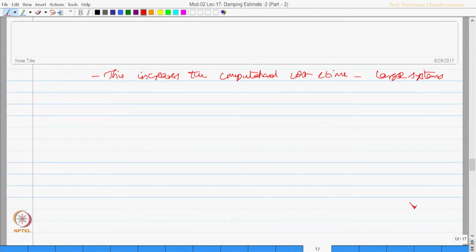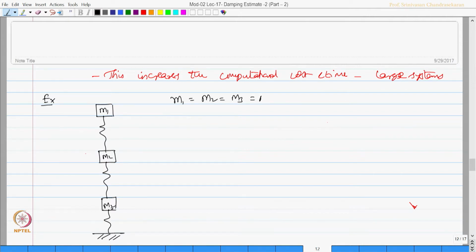Let us take an example problem. The same case what we did. Let us say this is M1, M2 and M3, or M, let us say it is 3500 kg.